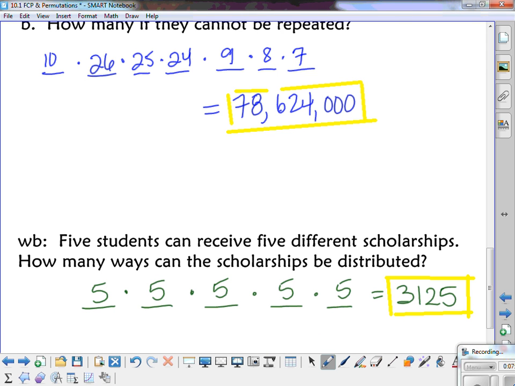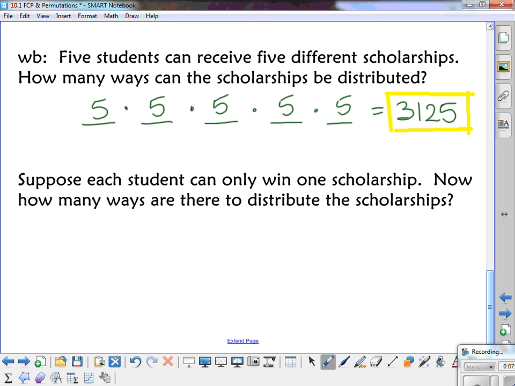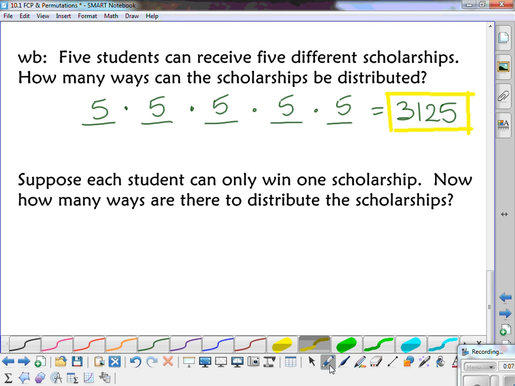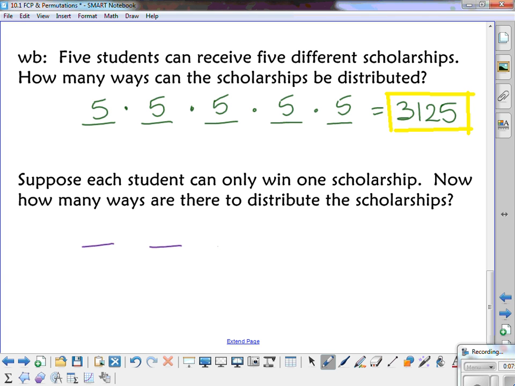All right, now suppose that I've decided that each student can only win 1 scholarship. I've got 5 different scholarships, but each of them can only win 1. How many ways could I distribute it then?